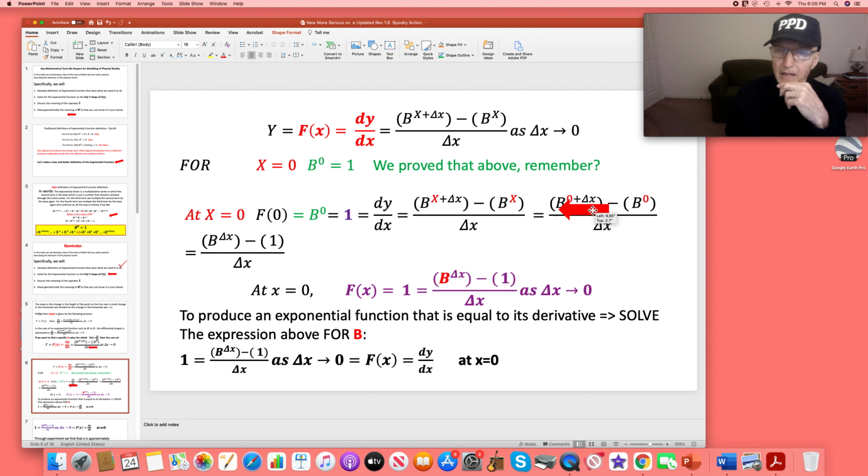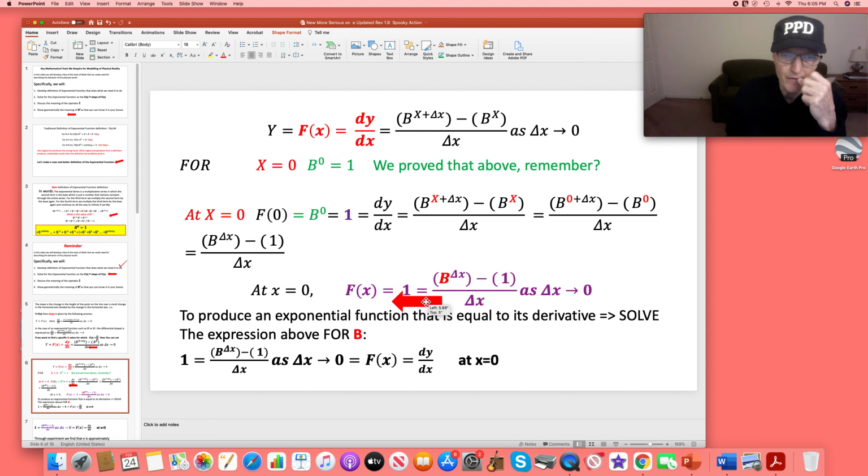Then it's going to be equal to b to the 0 plus delta x minus b to the 0, over delta x. Now we know that b to the 0 is equal to 1, so we put that in there. So it's just b to the delta x minus 1.